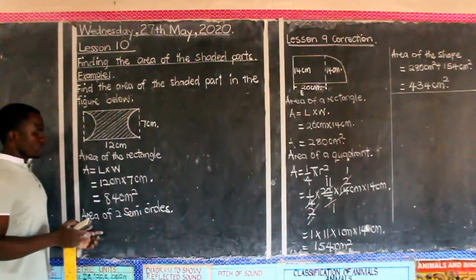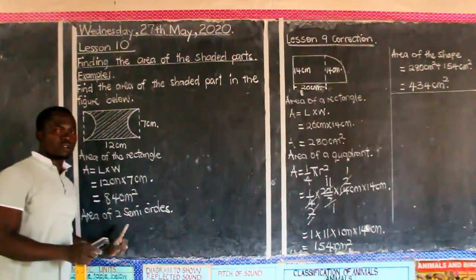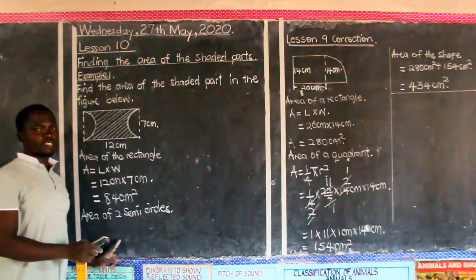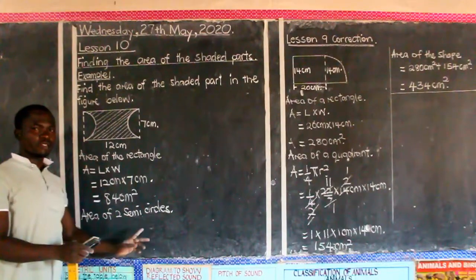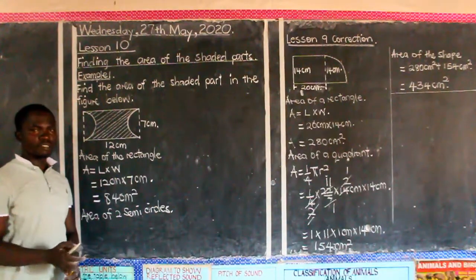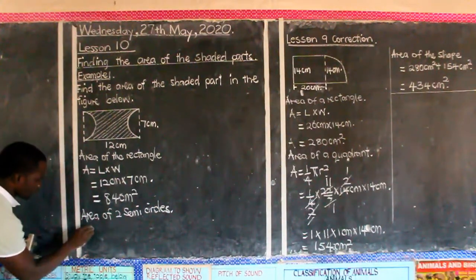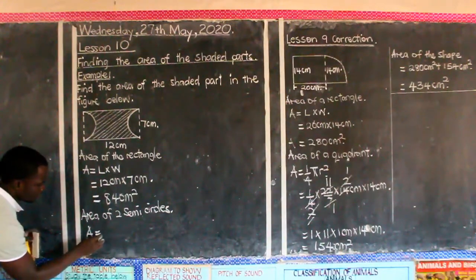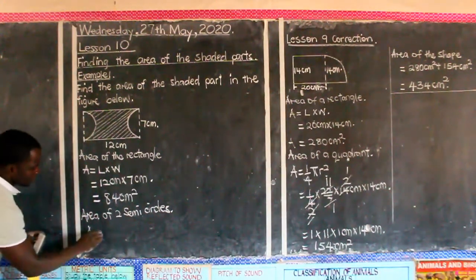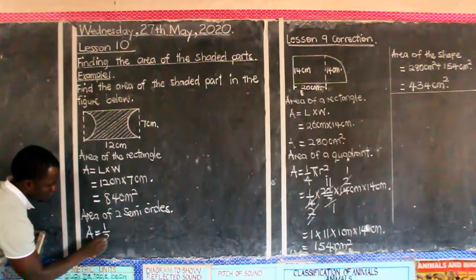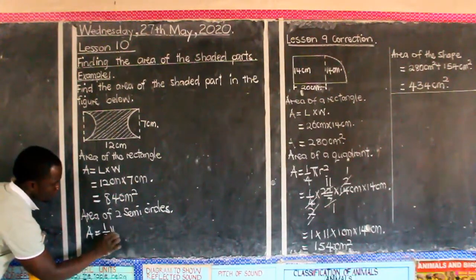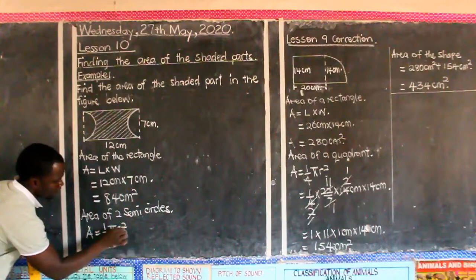But before I get the area of two semicircles, I will first get the area of one semicircle. Then after getting the area of one semicircle, I multiply by 2 at the end. So the area of a semicircle is a half pi r squared.